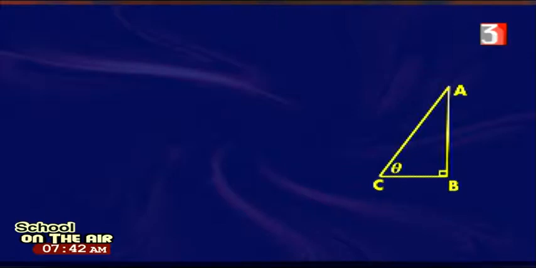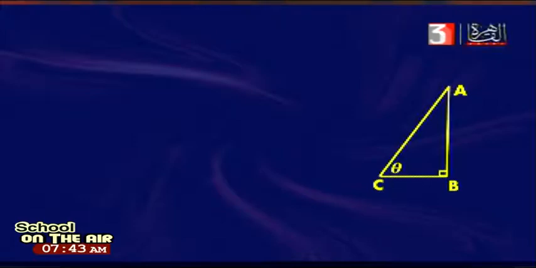When you look carefully at angle theta, you are going to find that there is a side opposite to it, a hypotenuse as it is a right angle triangle, and a side adjacent to this angle. What's the meaning of adjacent? It means the side beside this angle.